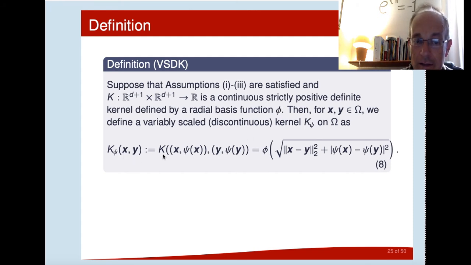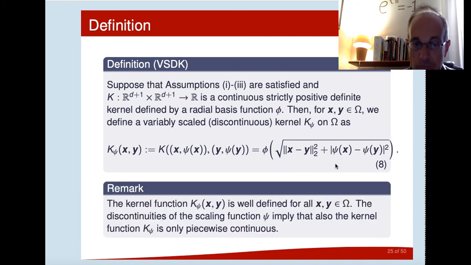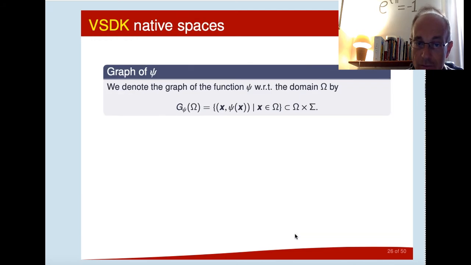So our kernel is nothing else than this radial basis function phi composed, as usual, with the two nodes using the scaling function psi. So the kernel is well defined for all x and y. The discontinuity of the scaling function implies that also the kernel is only piecewise continuous.